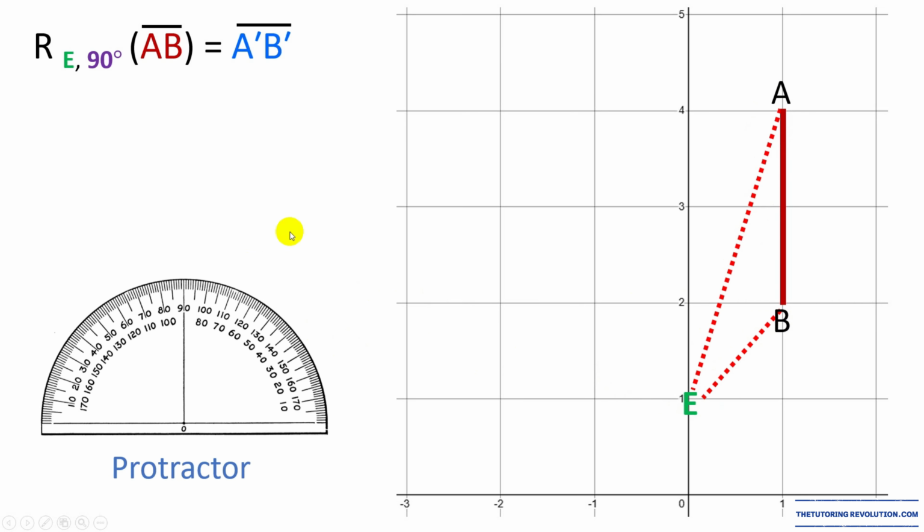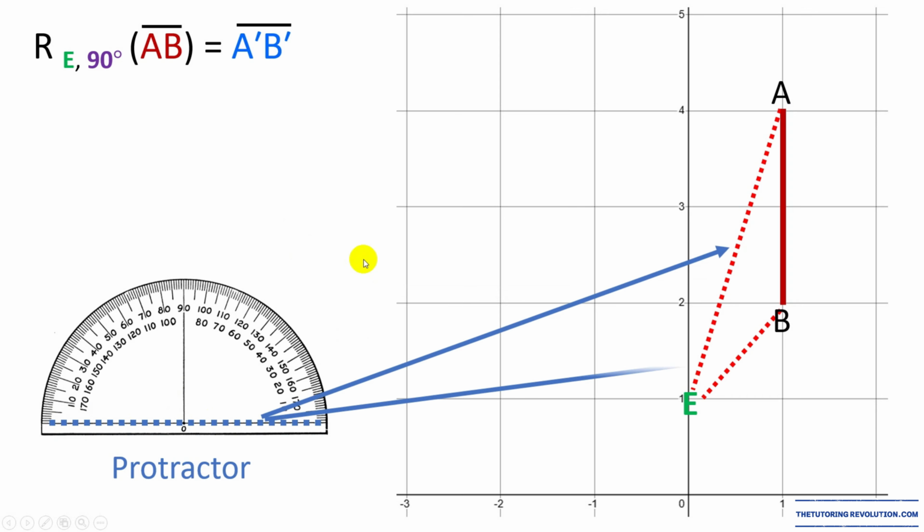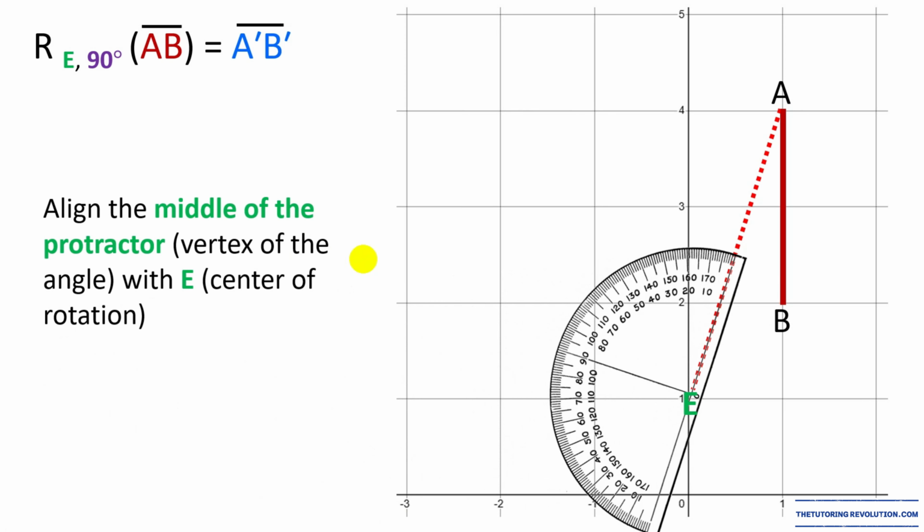Now we're going to take our protractor and align it with the blue dotted lines. You see we align the middle of the protractor, which is the vertex of the angle, with the center of rotation E. Now we're going to measure 90 degrees, because that's the rotation of this segment AB.